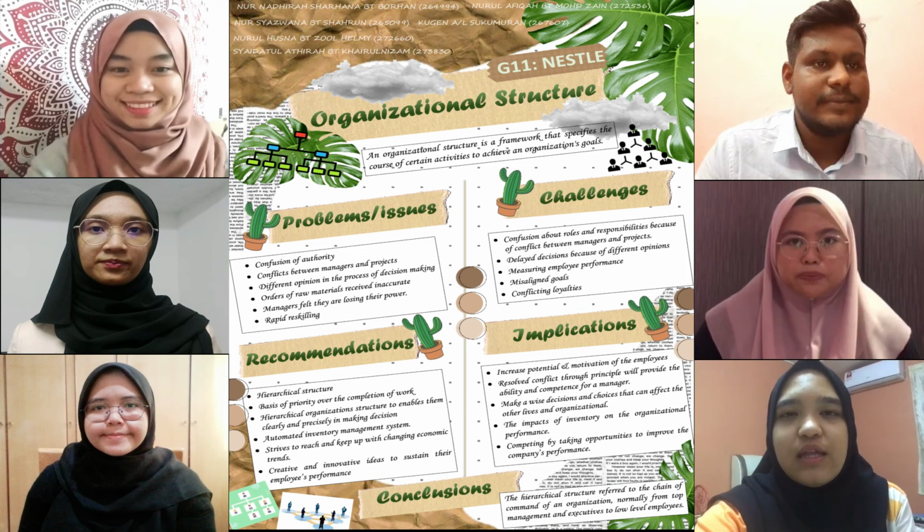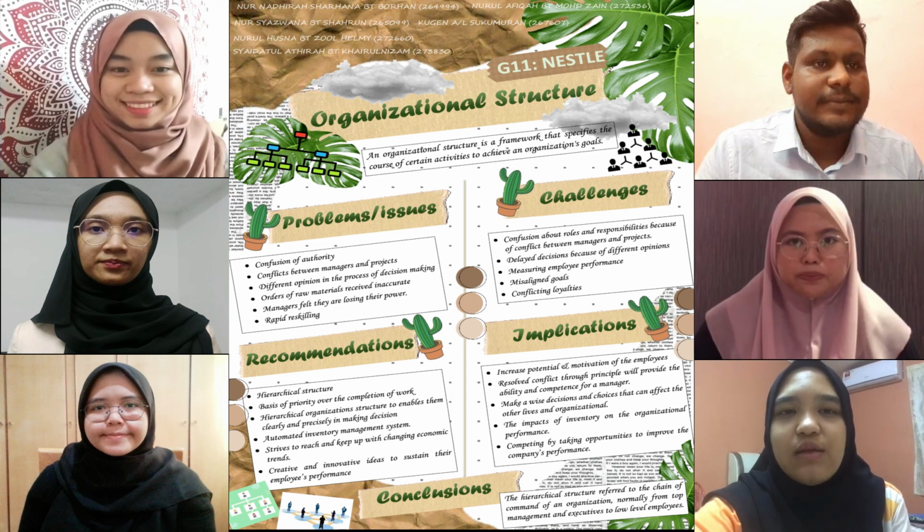The company should adopt a hierarchical organizational structure to enable them to make decisions clearly and precisely, because when they are using this type of organizational structure, the information and decisions flow from the top level management to the low level management, which requires the company employees to obey and follow the decision.